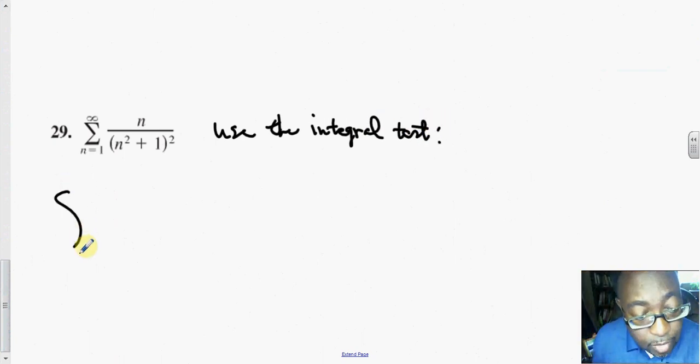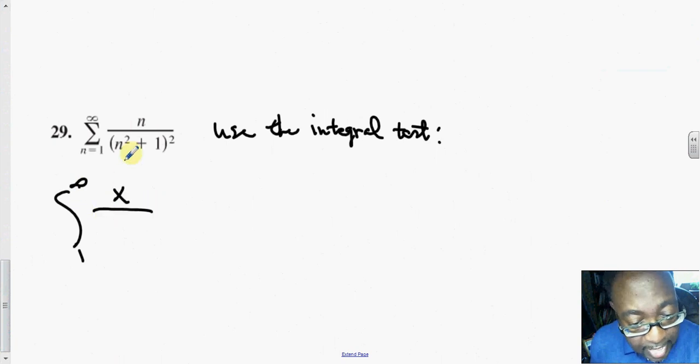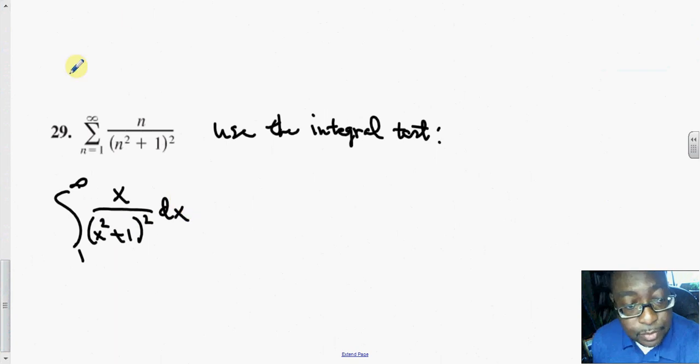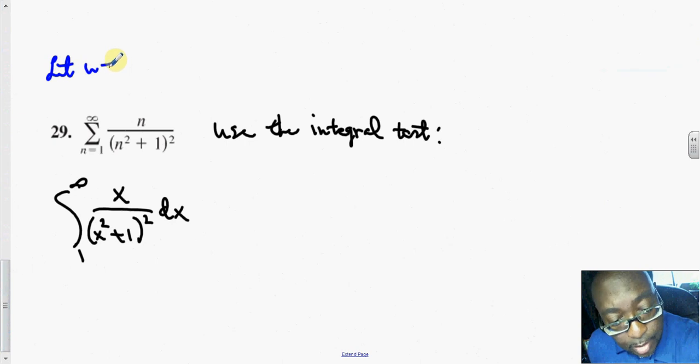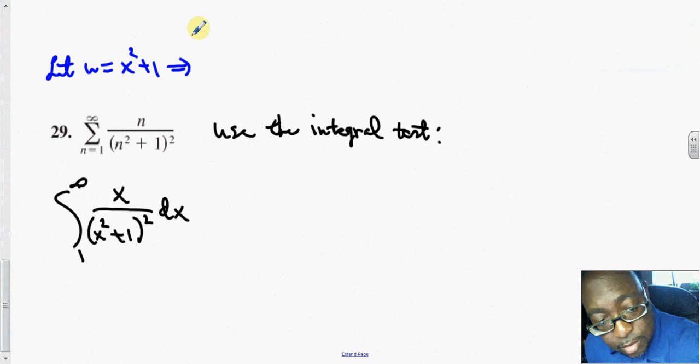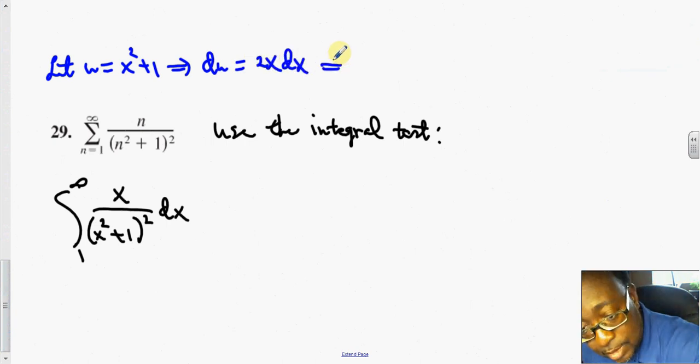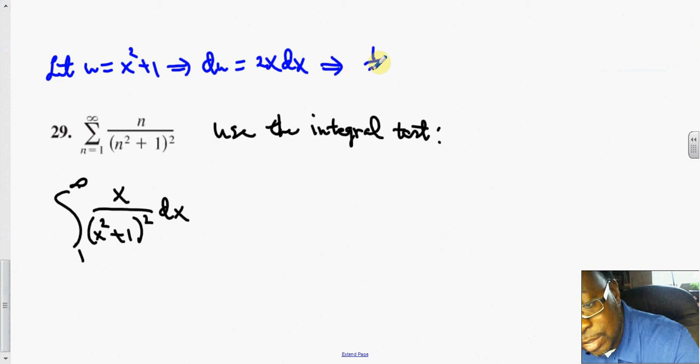So here we get the integral from 1 to infinity of x over, just let n equal x, x squared plus 1 squared dx. Let u equal x squared plus 1. This implies that du is 2x dx, and that gives us 1/2 du can represent that numerator, x dx.